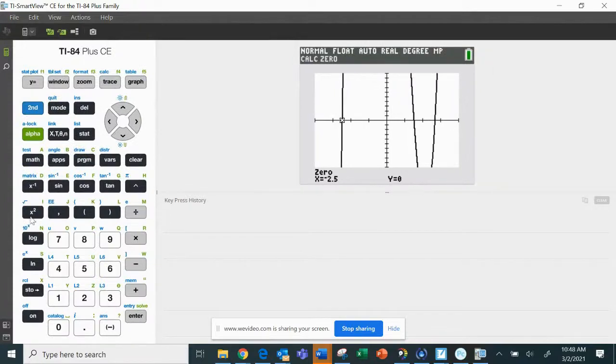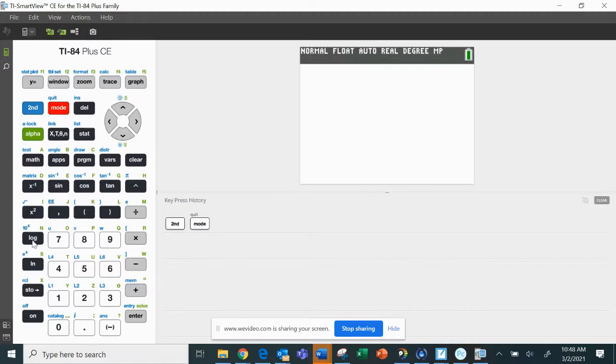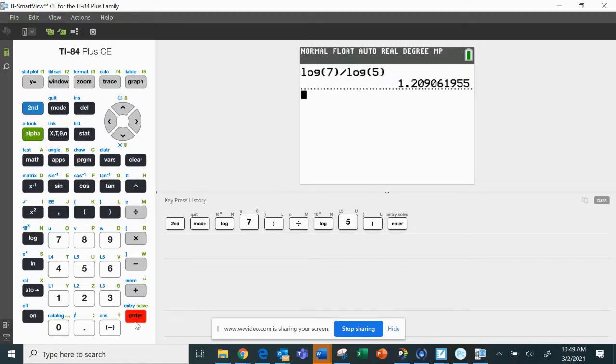Here's the log button. I'm doing log 7 divided by log 5, 1.2091-ish. What is right above the log button?